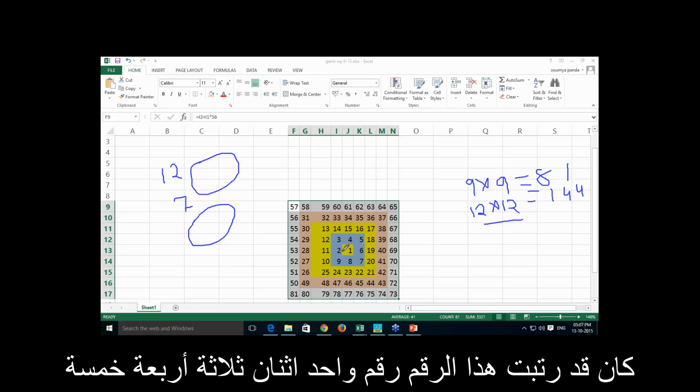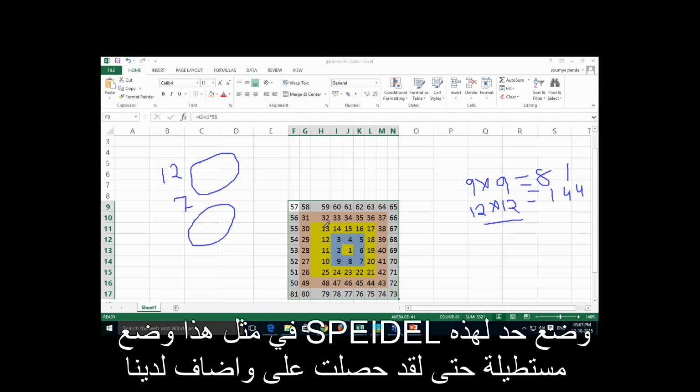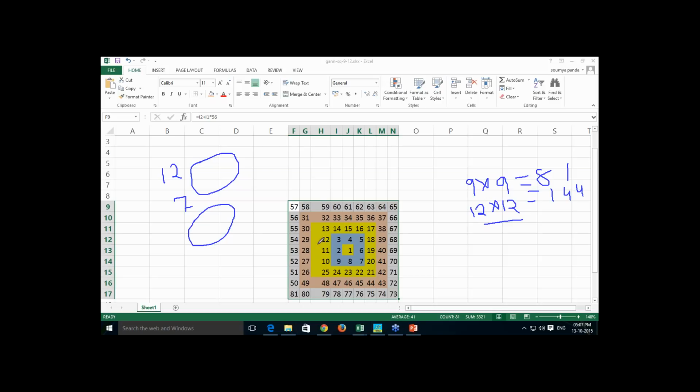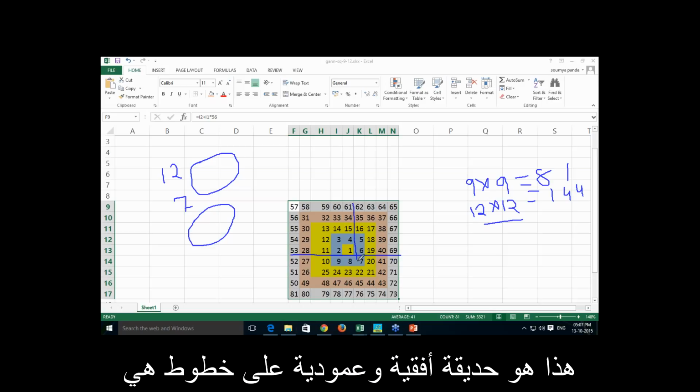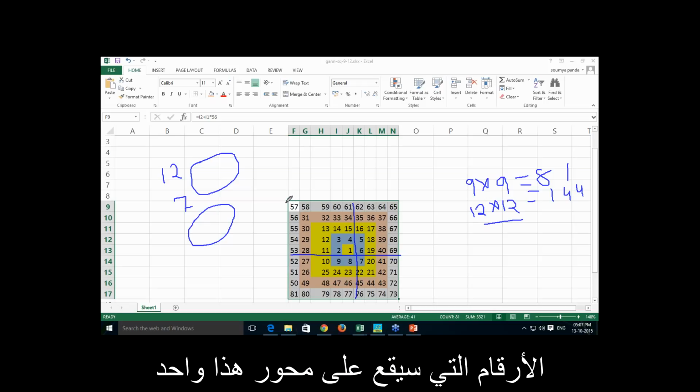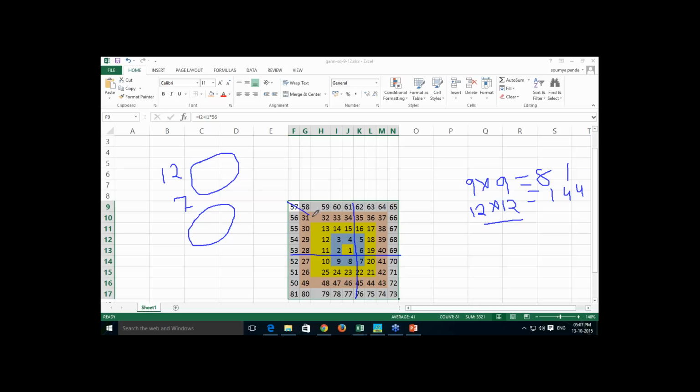So he arranged the numbers 1, 2, 3, 4, 5 in a rectangular spiral. After arranging these numbers in the rectangular spiral, he concluded about the numbers falling on the horizontal and vertical cardinal lines, or the numbers falling on the axis of this one.